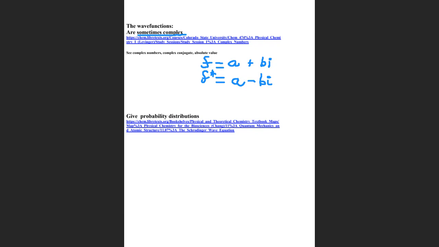Okay, note that if you take f times f star, you're actually multiplying a plus bi times a minus bi.